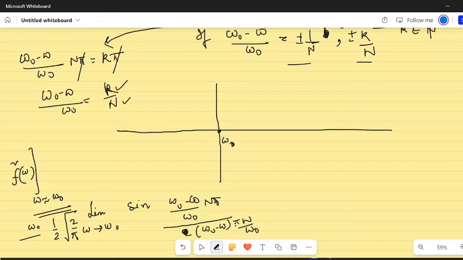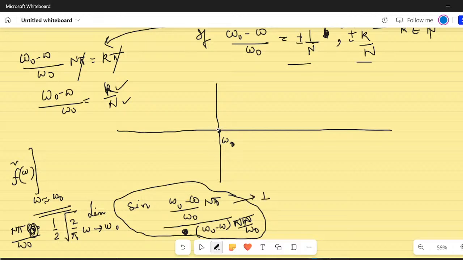This is on the denominator side, so I'll write omega naught upon n pi, and this will again become n pi upon omega naught. In the limit omega tends to omega naught, this particular limit will become 1.